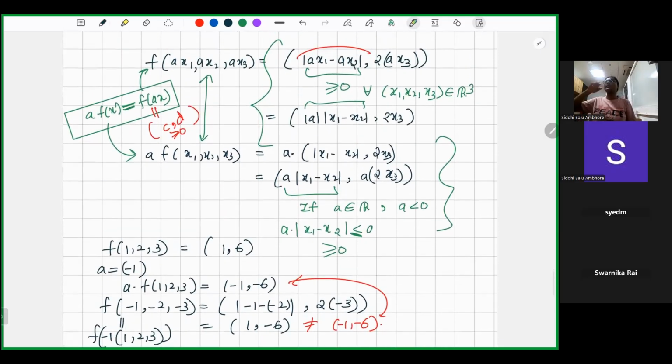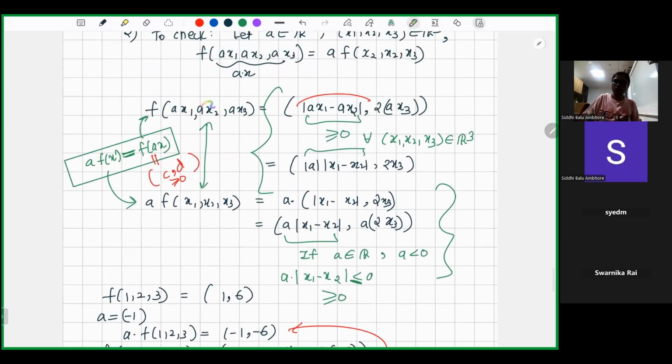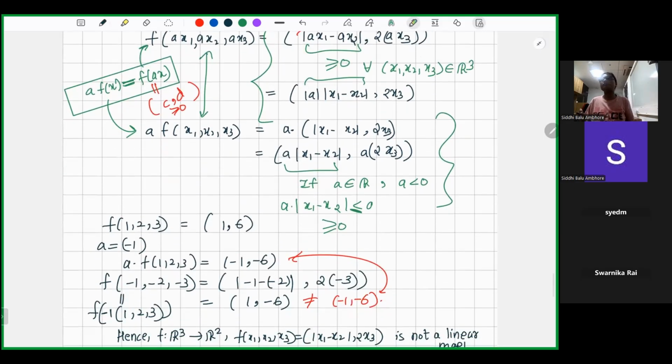So the point is the way f is defined, the first coordinate of f is always non-negative, whatever scalar you multiply here. When the scalar is already multiplied with x1, x2 in the domain, the resultant is non-negative always.